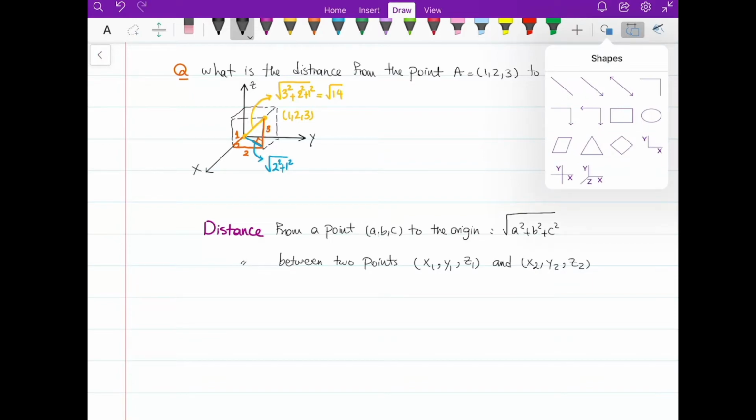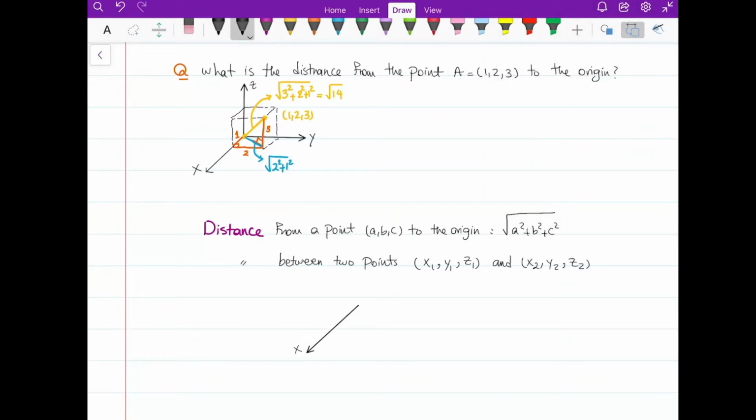Let me just quickly graph it for you. This is x-axis, I have y-axis, and I have z-axis.